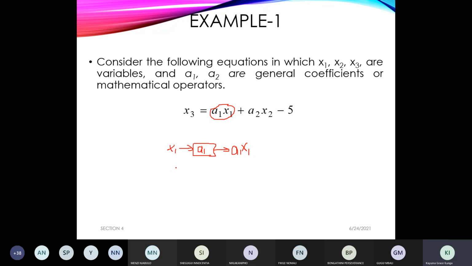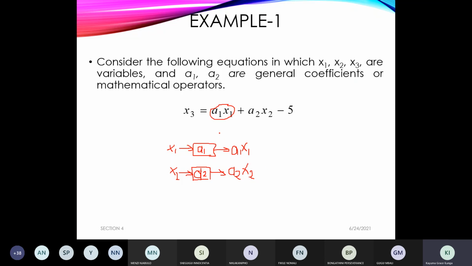Let's say for a2 we have x2, and we have the arrow, and here we have the block a2, and the output is a2 times x2.